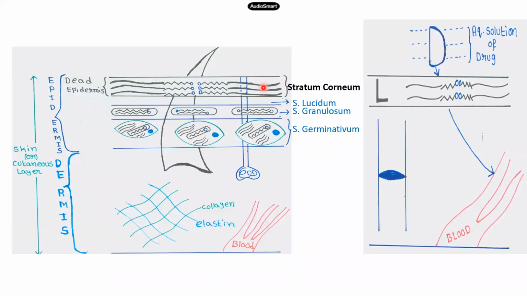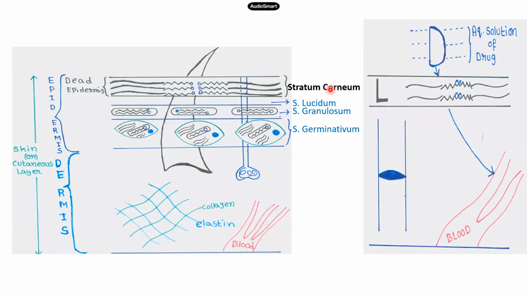Why? Because these dead fibers, if you want to call them a cell, you can use the word cell. It is a cell without a nucleus. If there is no nucleus, that is not a living cell, that is a dead cell. That's why the keratinocyte is also called a corneocyte, and this layer entirely contains corneocytes.